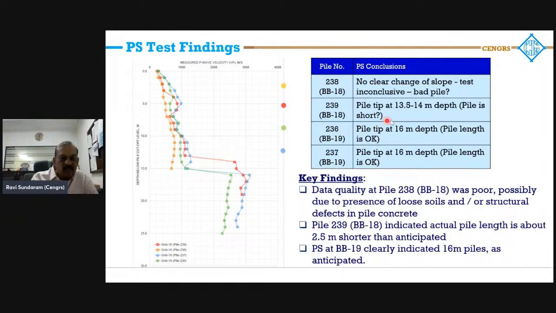In 239, the pile tip was around 13.5 to 14-meter depth, which suggests that the pile is short. The 236 in BB19 pile length is okay, also in the other pile. But the key findings were that for pile 238 in BB18, data quality is poor due to structural defects, and the other indicated it was shorter than what was anticipated.